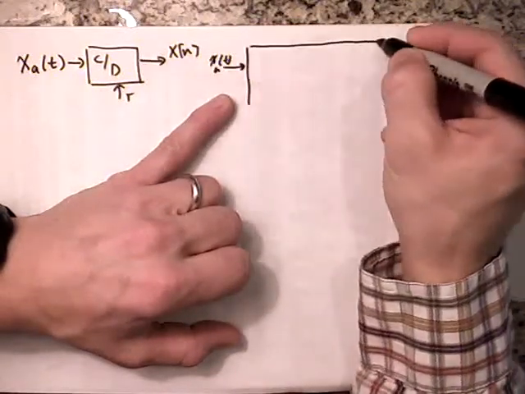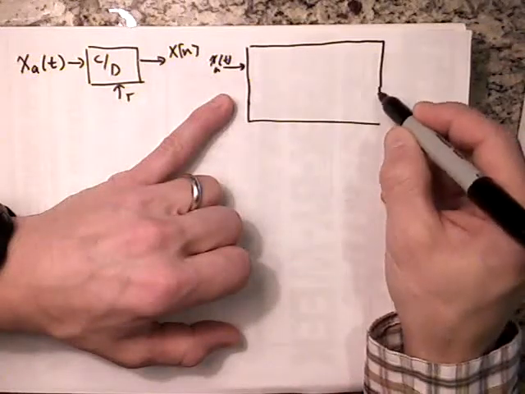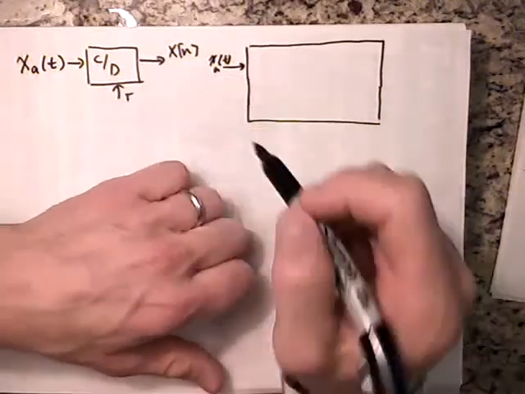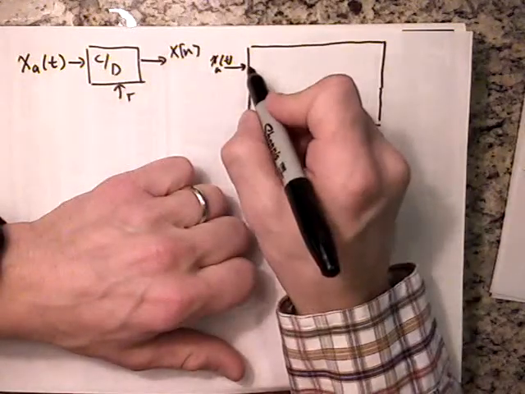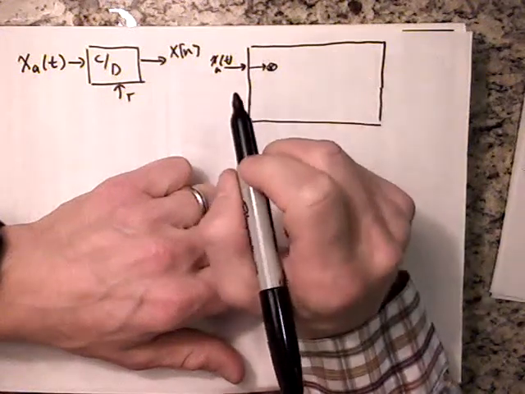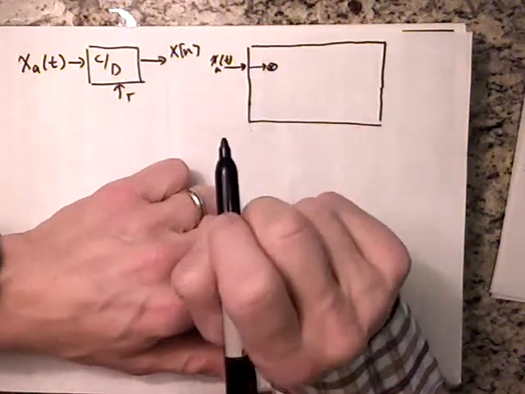I'll just draw a much bigger version of that box. Inside that box, there's really two things that are going on conceptually. This isn't how you'd actually build an A to D converter, but mathematically this is how you would build one.